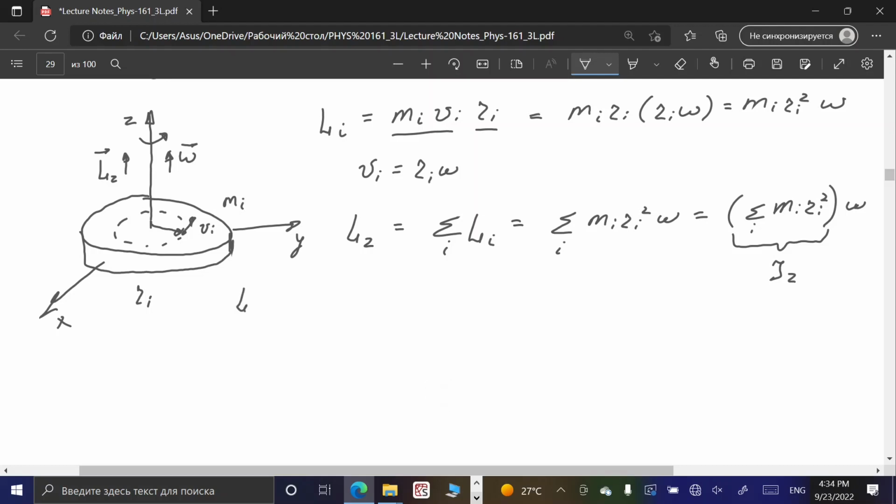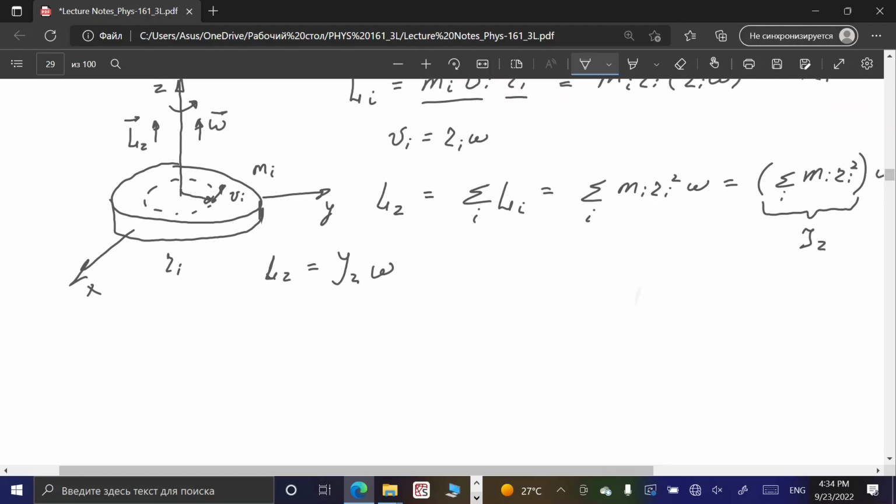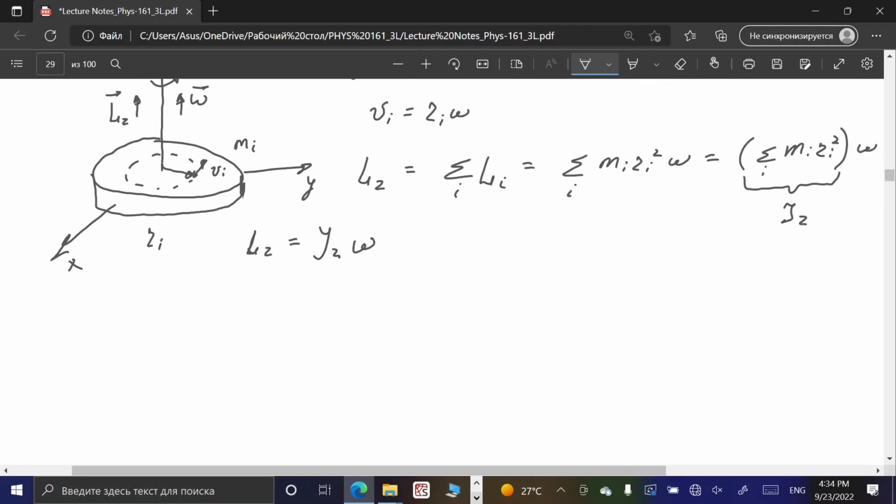So eventually we get that the angular momentum vector with respect to axis Z, its magnitude, is equal to I_z times omega. So let us take the derivative of this expression for angular momentum, dL_z over dt, the rate of its change over time.